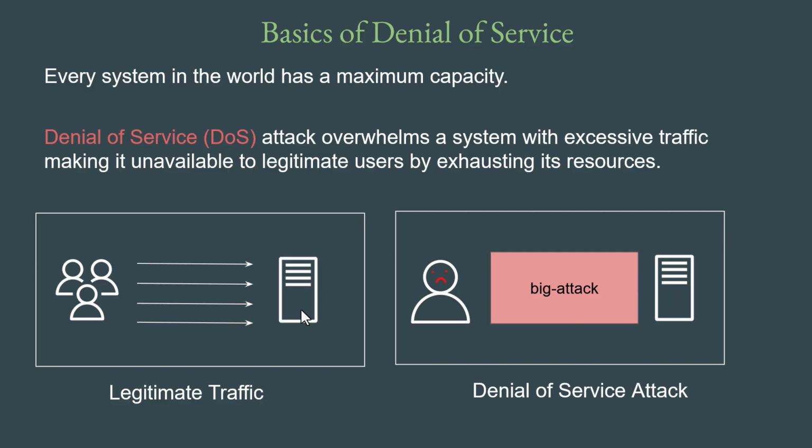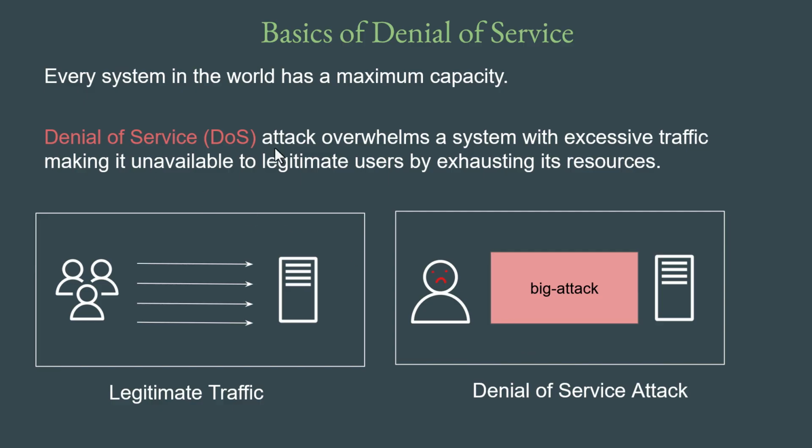Let's assume that this specific server can handle 1000 requests per second. So the attacker has sent say 2000 requests per second to this specific server. So now what will happen? The server will not be able to handle all of the traffic, and the most important part is that the traffic coming from genuine buyers and genuine users will also be blocked because of this. So this is referred to as a denial of service attack.